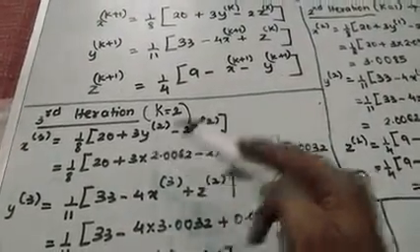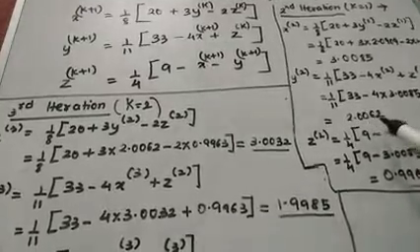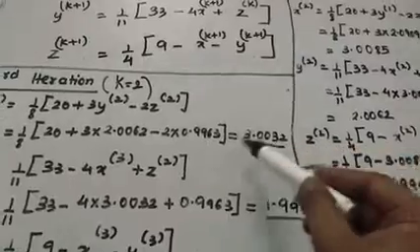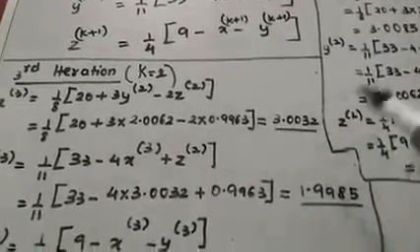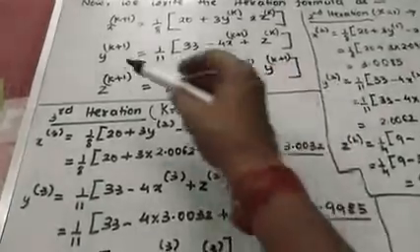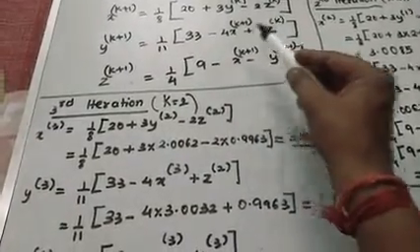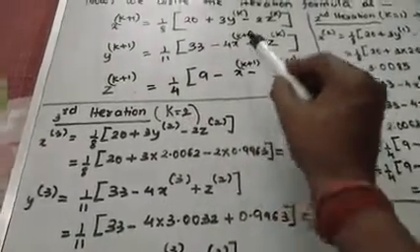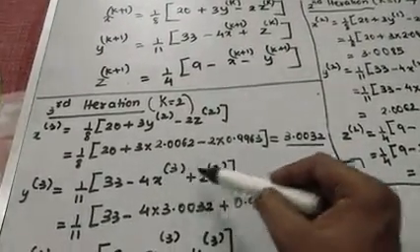So y2 value from here is 2.0062, z2 value from here 0.9963. Just putting, you will get here 3.0032. Then the y3 formula, putting k equals to 2, you will get here x3 and here z2.